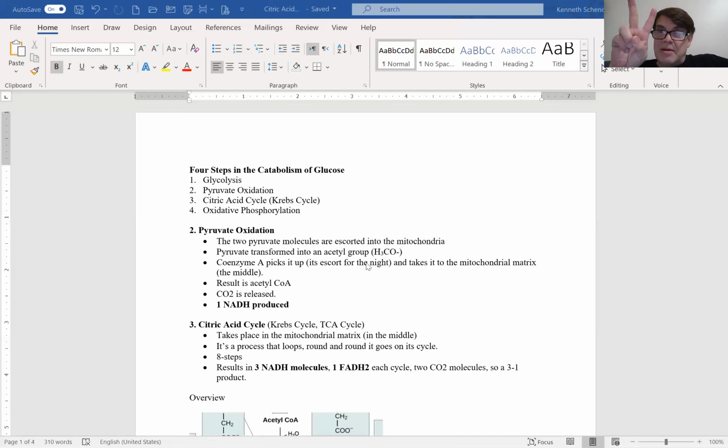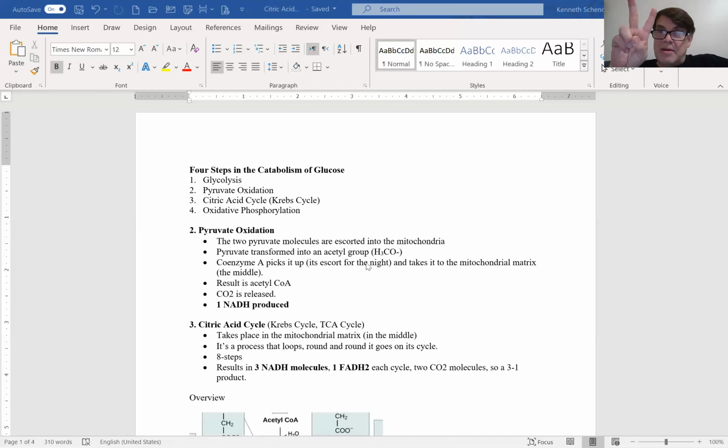The pyruvate is first transformed into an acetyl group, which is H3C-O something. That's the group, and it's attached to something. It's transformed into an acetyl group, and then its date for the night is coenzyme A. CoA, ding dong, hi, I'm CoA.